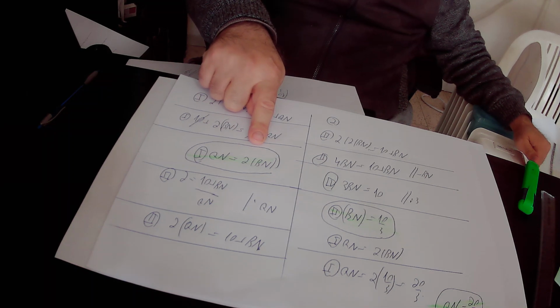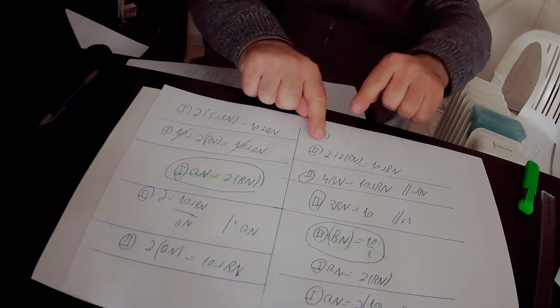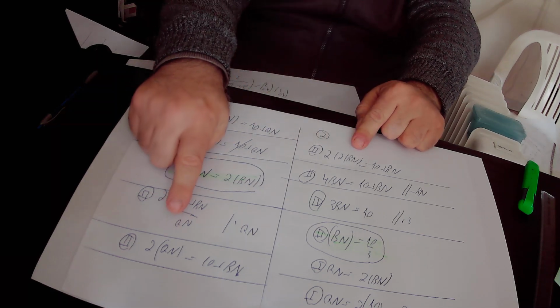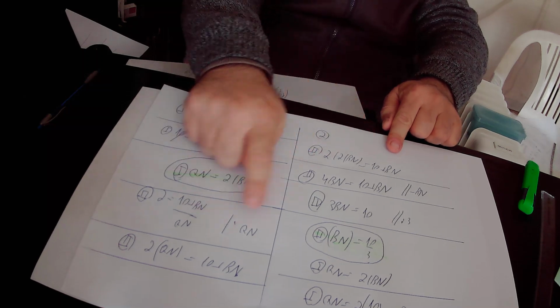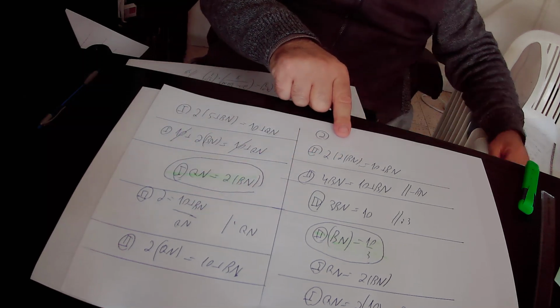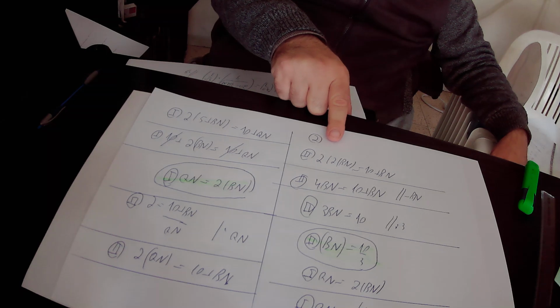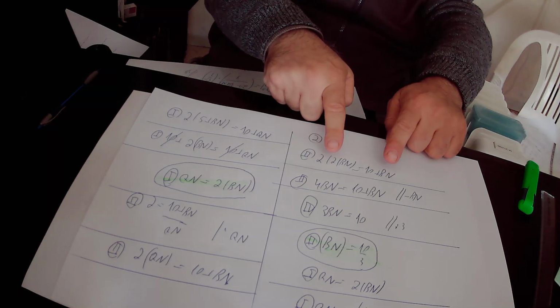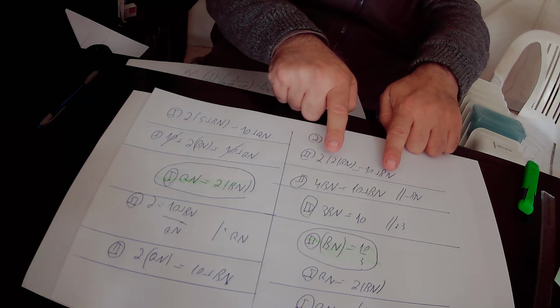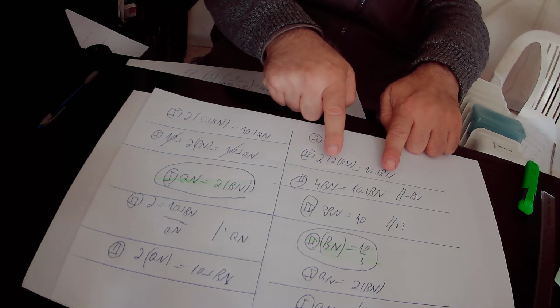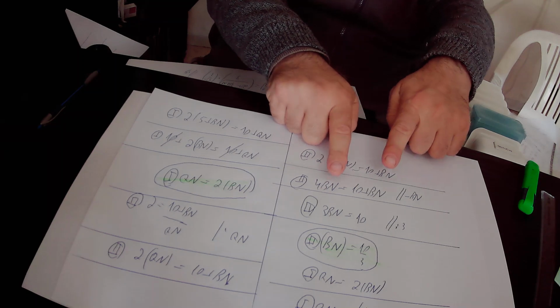We did it and found out that according to equation number 2, 2 times Qn, and Qn is 2 times Bn, equals 10 plus Bn. We have 2 times 2Bn is 4Bn, so 4Bn equals 10 plus Bn. We subtracted Bn and found out that 4Bn minus Bn is 3Bn. So 3Bn equals 10.